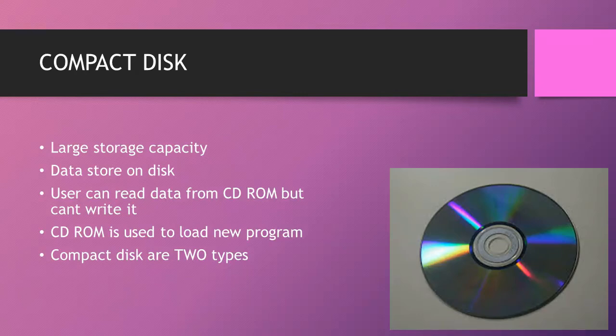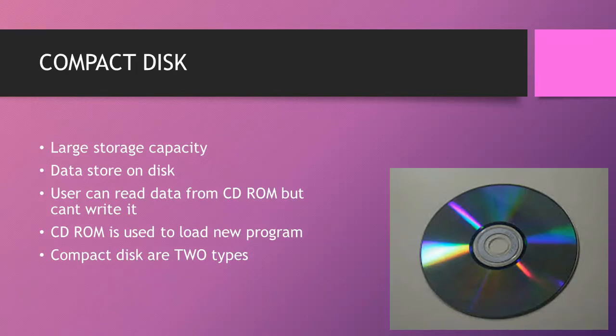A CD can store a large amount of data. The data is stored on the disk. You can only read data from a CD-ROM, but you can't write on it. With the help of a CD-ROM, you can hear songs. You can also install a new program in your computer.